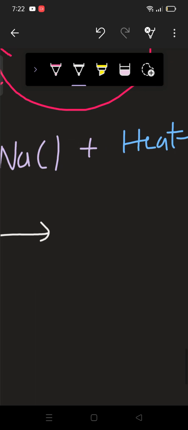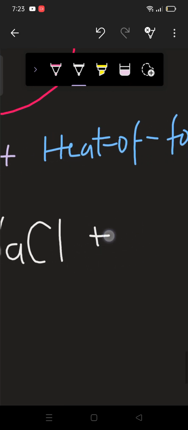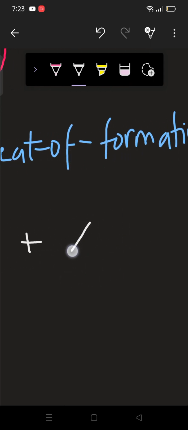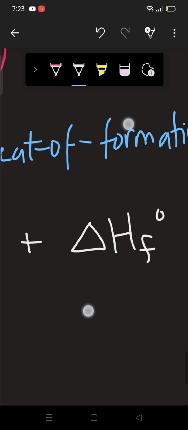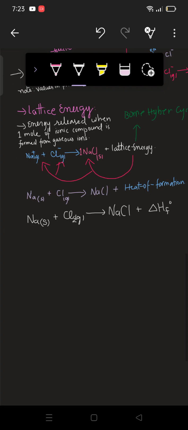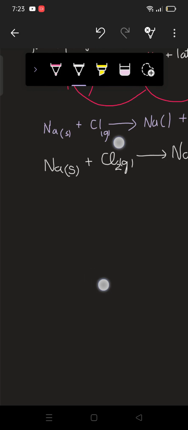Gaseous gas, and 1 mole of NaCl, plus the heat which is released is what we call the heat of formation, since both reactants are in their stable state. They are not in the gaseous form, they are in their stable state. Now we need to calculate the lattice energy. Now we are going to find the lattice energy.